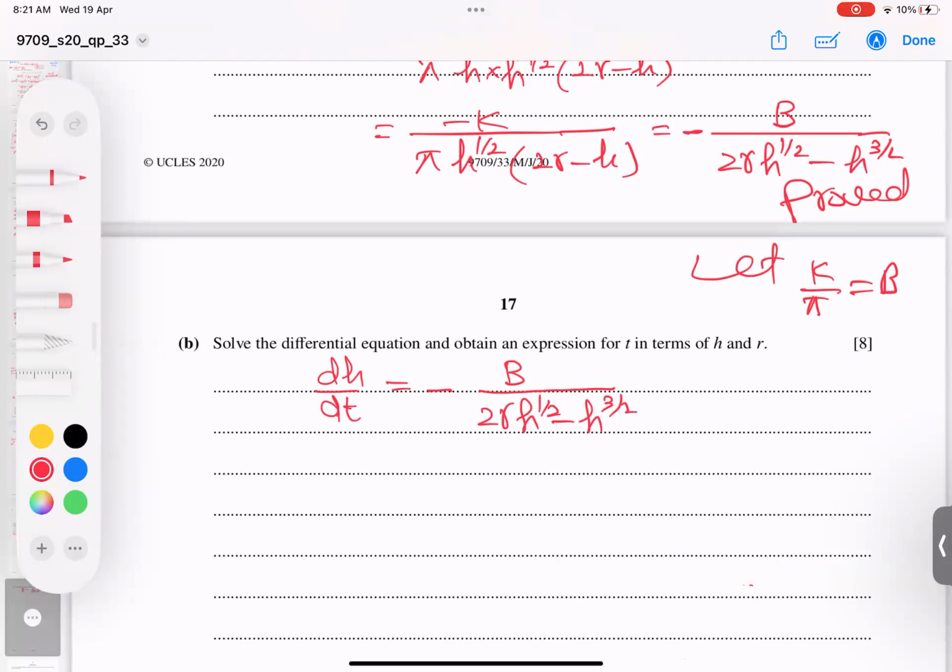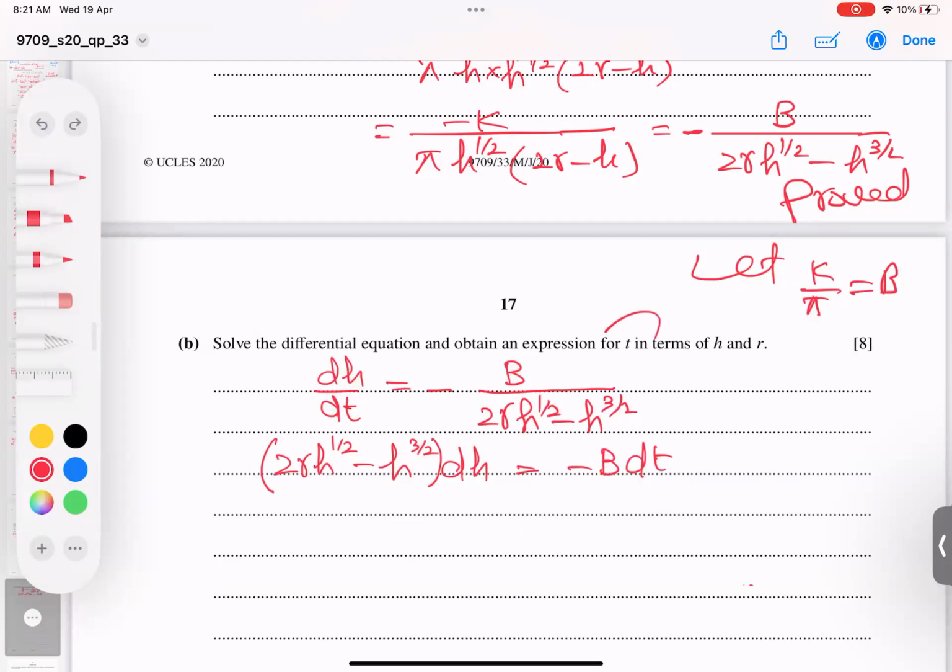So first of all, cross multiply. This will go left side, this will go right side. So (2r h to power half minus h to power 3 by 2) dh is there collectively, and negative b dt. I hope you got the idea. And first of all, I switch the sides. So this comes left side, this will go right side. But I don't need negative sign.